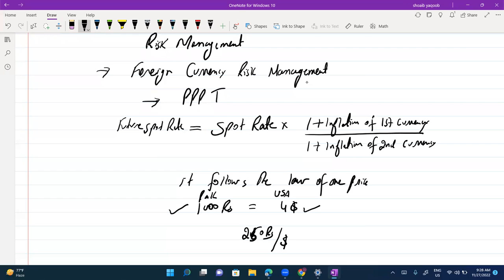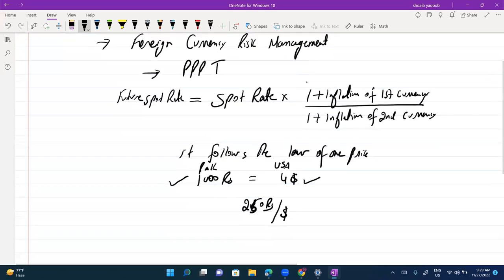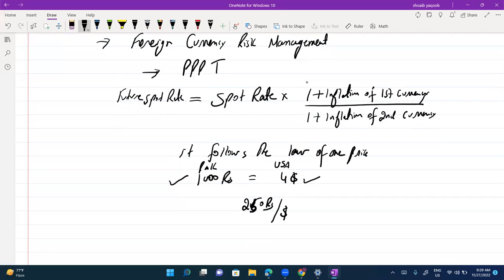If you have the spot rate, if you have two different inflation rates, you can predict the future spot rate. जाहिर है, if you want to buy a Big Mac, for example, in Pakistan, Big Mac price is 1,000. In America, Big Mac price is $4. Exchange rate will be set at a $250.